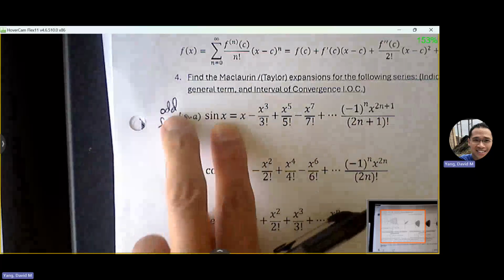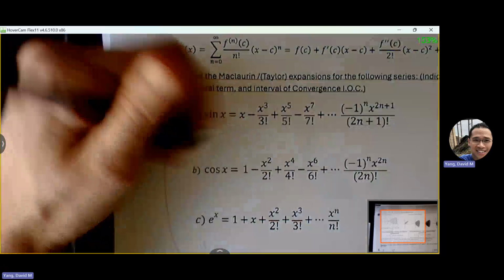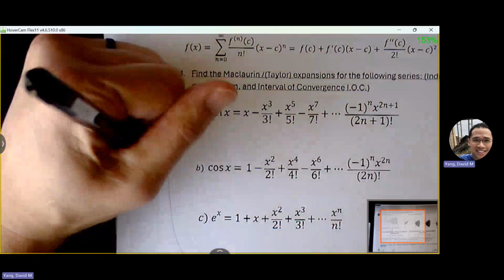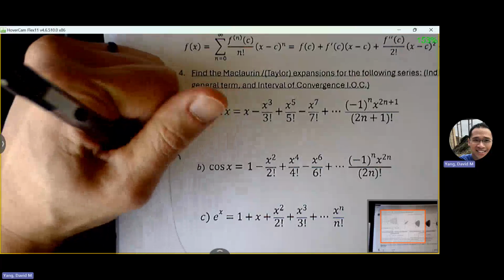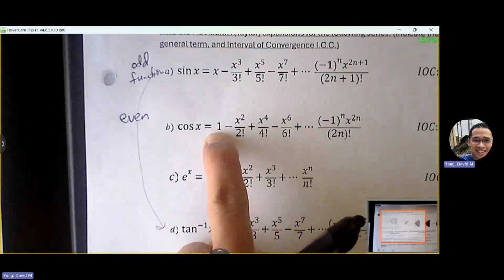So I think that's a nice connection there. And then cosine is an even function because if you look at a cosine function, you can fold the cosine over the y-axis and it's going to overlap each other. And that is helpful because cosine has all even degrees, right? Even 1 is an even degree because it's x to the 0 power.